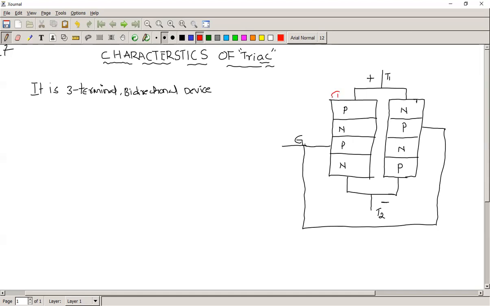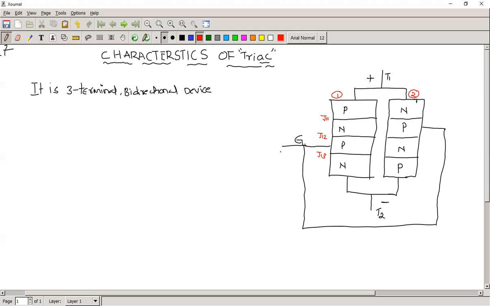This we can take as 1, this we can take as 2. Device 1 is forward biased. The junctions in device 1 we are calling J11, J12, J13. The first subscript represents the device.